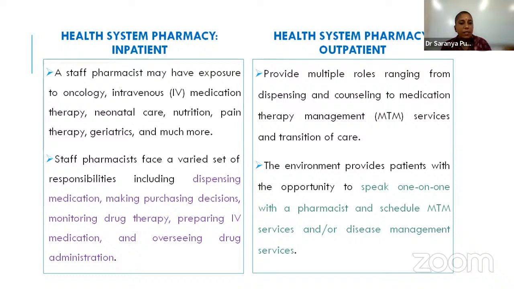So the staff pharmacist faces a varied set of responsibilities, including dispensing medication, making purchasing decisions. So which brand to purchase, what to purchase, how to purchase, how much to purchase, everything, and monitoring drug therapy. Say certain drugs have a narrow therapeutic index.